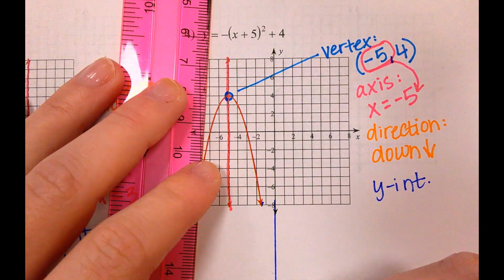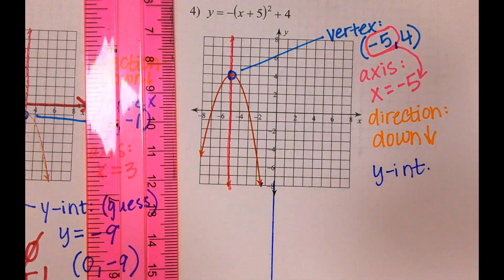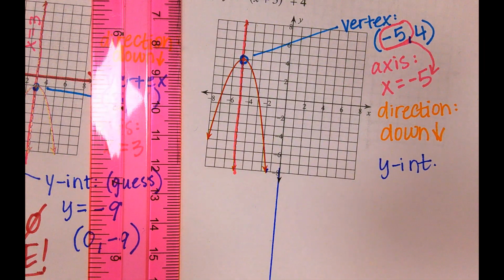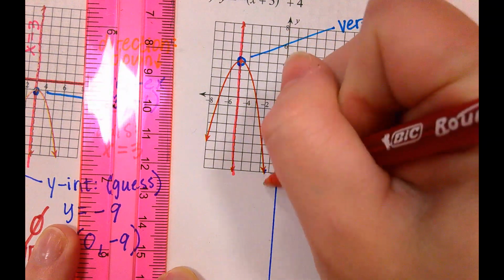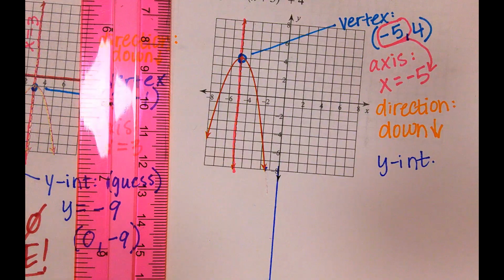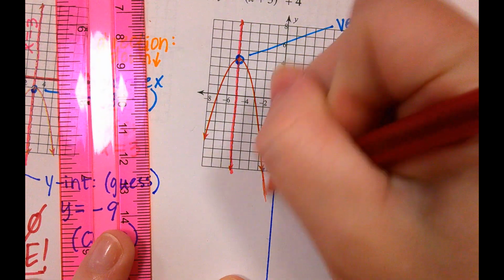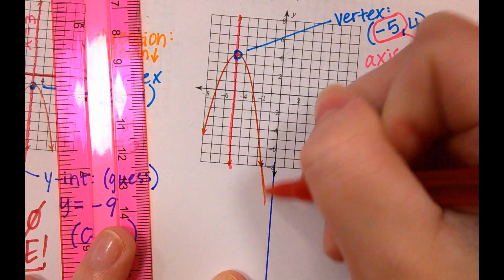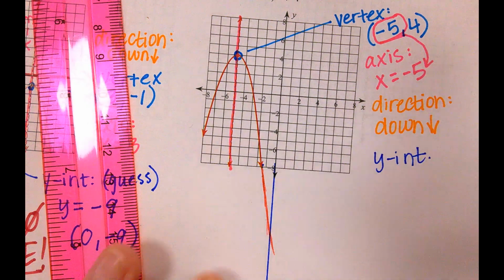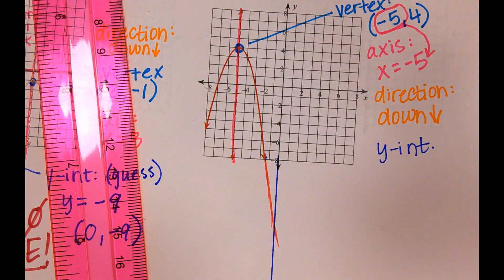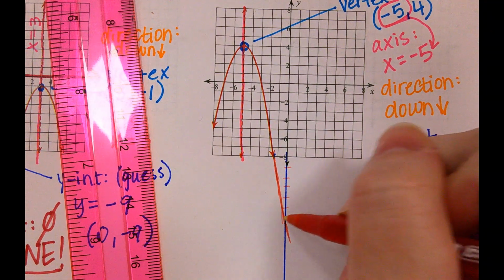Again, I will not have you do something like this on a quiz because that's just not fair. Hard to tell what would happen, because it almost looks like it would go really far down. So there's not a great guess here.